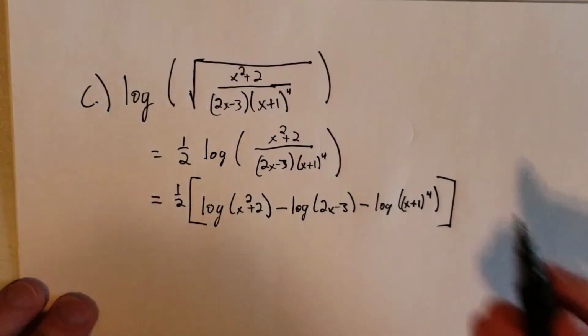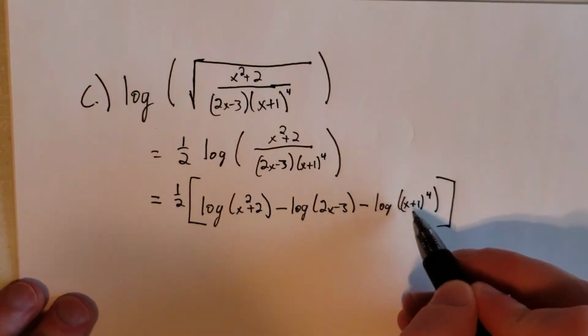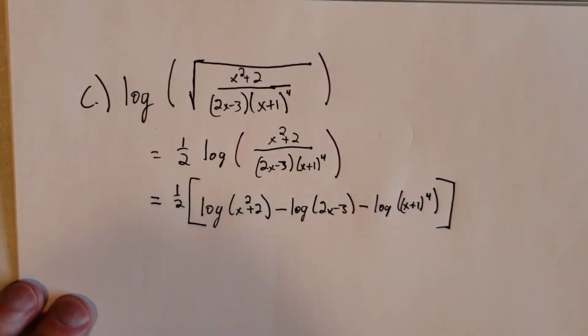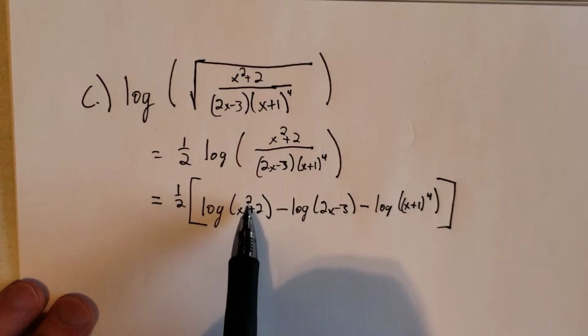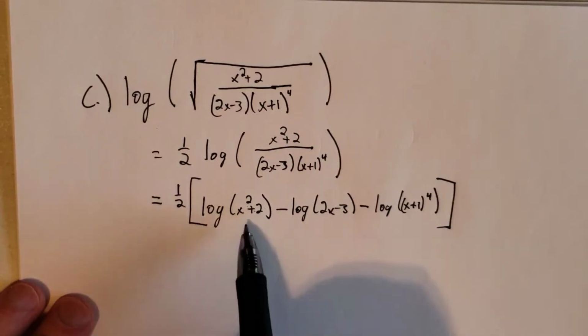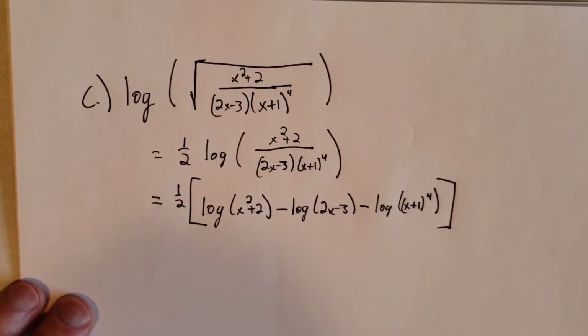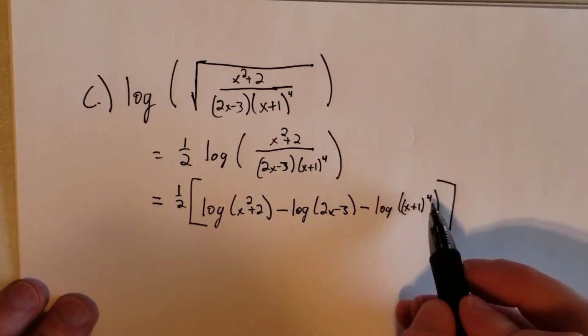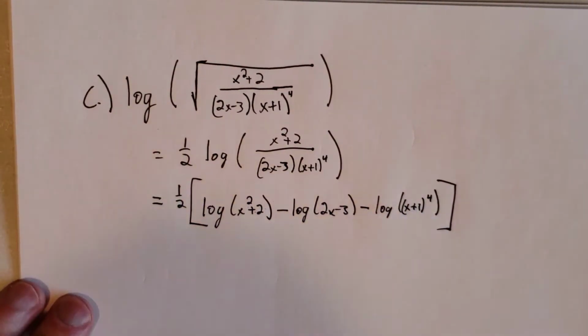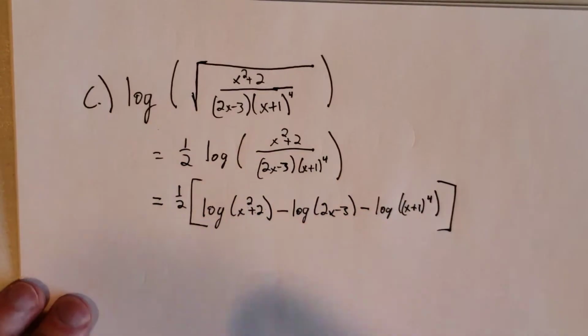Well, we have one more thing to do. Notice we have an expression raised to the 4th power, so we need to move that 4 down to the front. Note that we cannot do that here with the x squared because the square is not on the plus 2 part. If we have an addition in here, we cannot reduce that any further. But here, that 4 is on the whole expression, x plus 1, so we can drop that down.